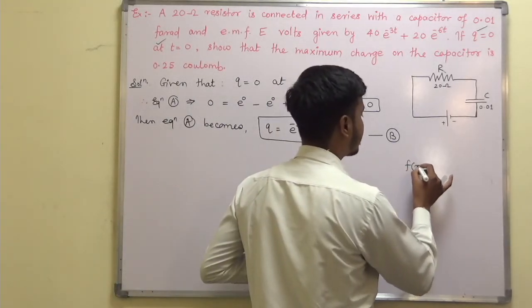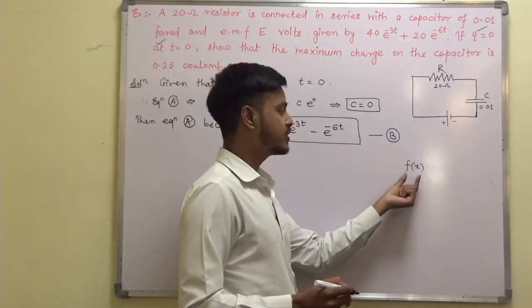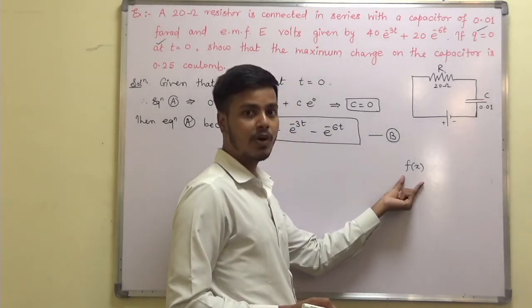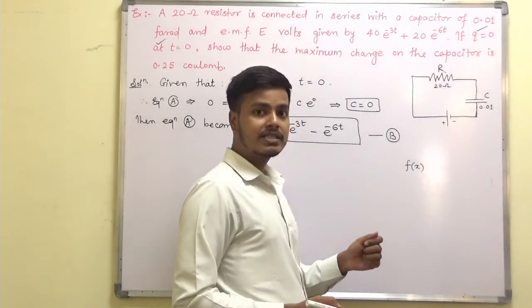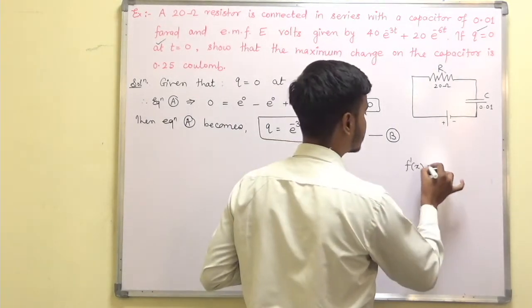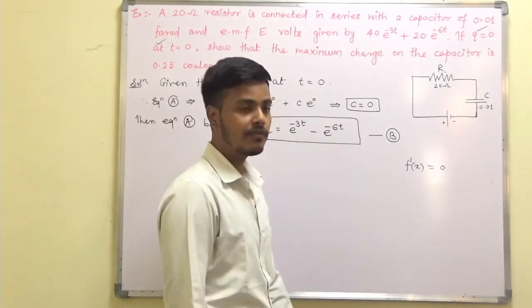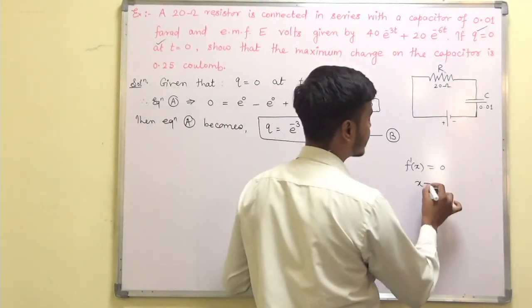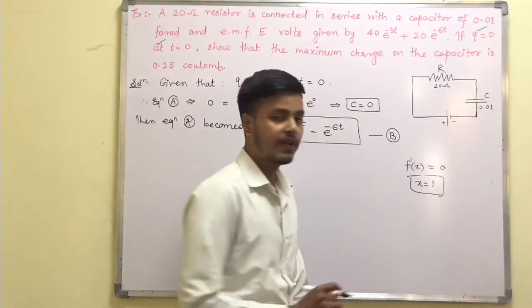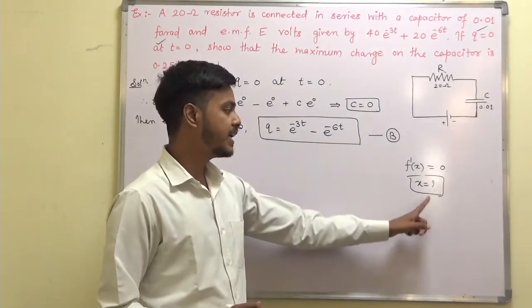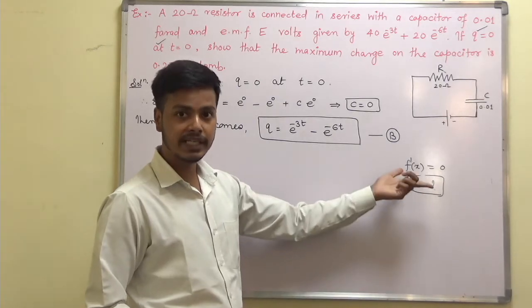So if you have a function, say f of x, and you want to check whether this function has a maxima or minima, the very first condition is to get the stationary point by taking its first derivative equal to 0. We will get the value of x for which f dash of x is equal to 0. Then make use of this value in the double derivative.